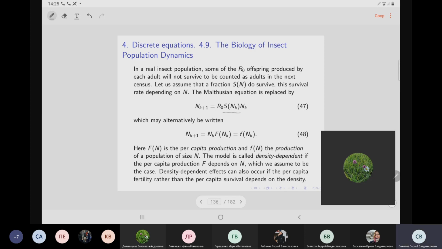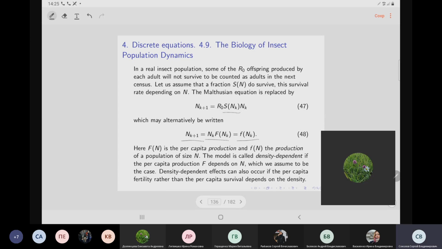So we can rewrite the equation in the general form, this or this one. Here, function big F is per capita production, and F of n is the production of the population of size n. So these models are called density dependent.